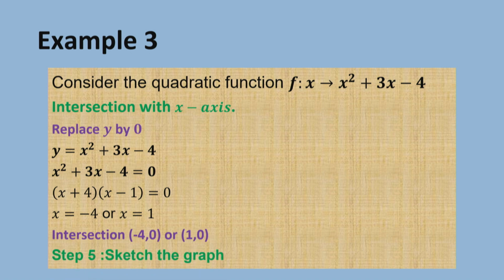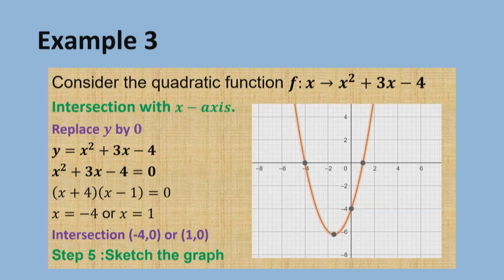Last step, remember, we need to sketch the graph. So, in sketching the graph, don't forget to put the minimum point, which is (minus 3 over 2, minus 6 and 1/4). Here we have the intersection with the y-axis, which is (0, minus 4), and the two intersections with the x-axis.